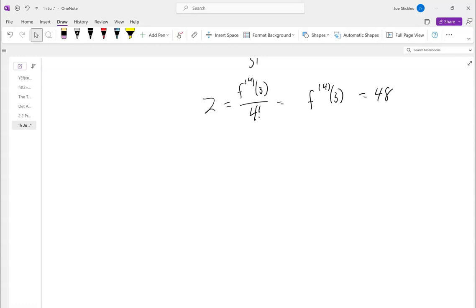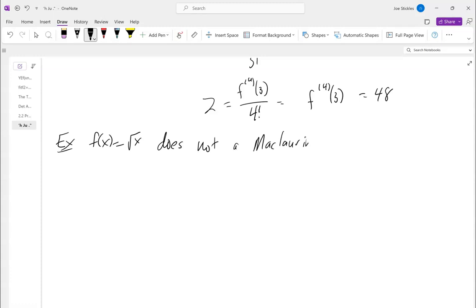I will mention that there are functions, again, that do not have Taylor series expansions at particular points. So, for example, if you say you have something like f of x equals square root of x, this does not have a Maclaurin series expansion.